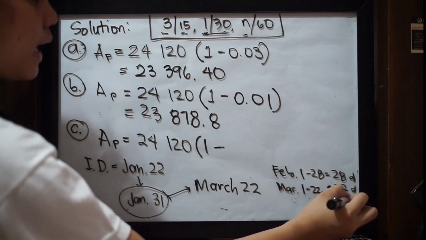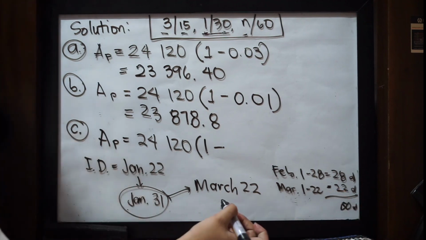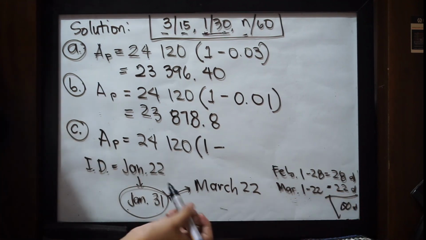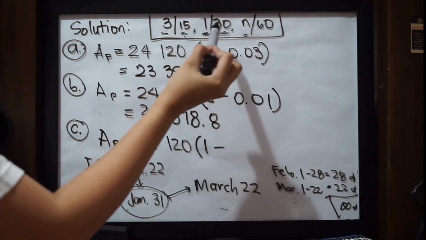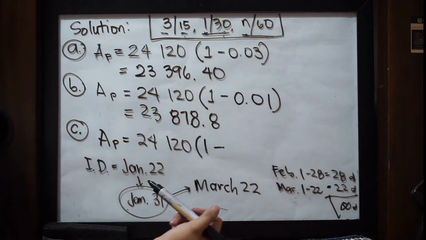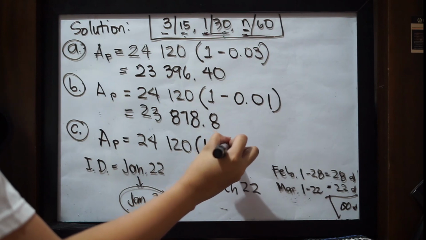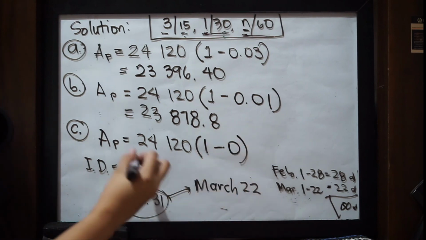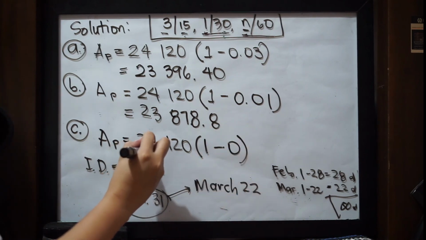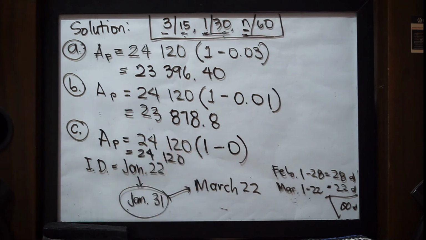Adding these two, we will have 50 days, right? So, dahil may 50 days na ako, lagpas na ng 15, lagpas na ng 30, automatic dito tayo sa N/60. Which means na walang discount rate na applicable. So, this will become 0 and your amount payable is still 24,120.